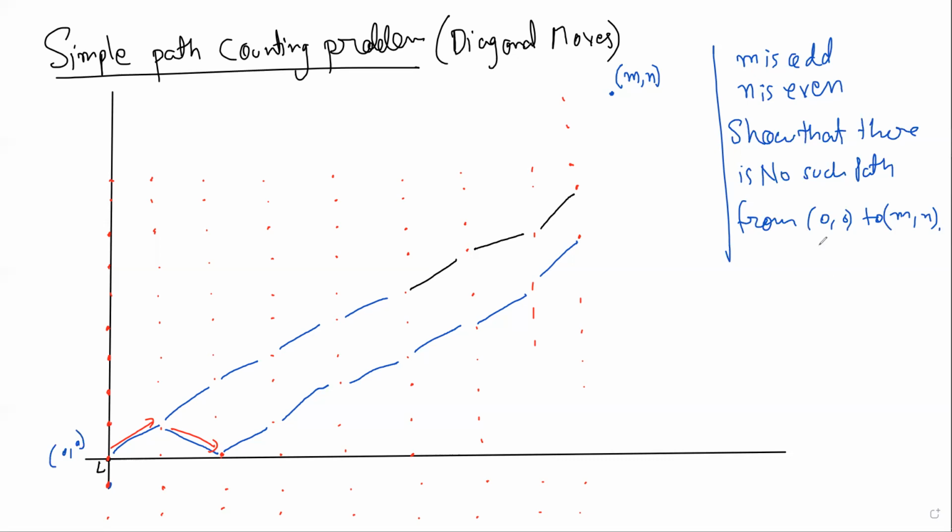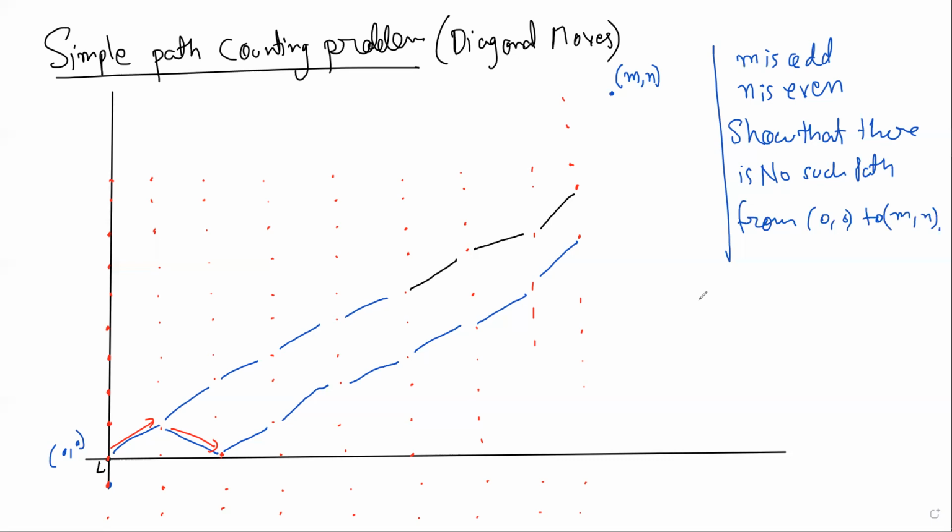Some of us have already done it algebraically. I want us to think about this just with basic reasoning. Can you explain without using algebra? Why you cannot reach the point M comma N, where M is an odd number but N is an even number.